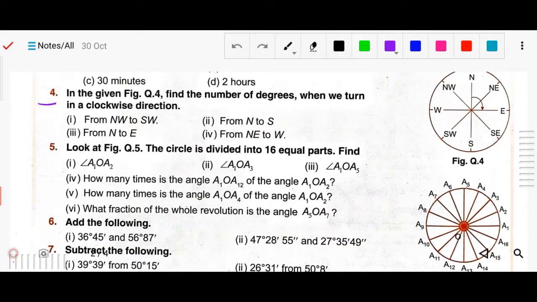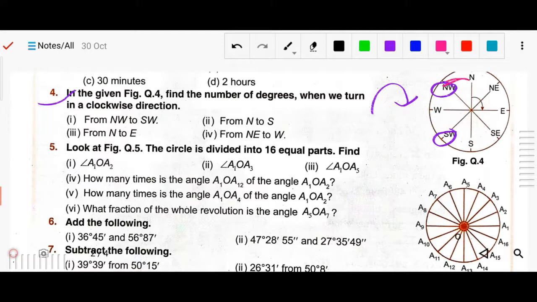Now question number 4. In the given figure, find the number of degrees when it turns from northwest to southwest in the clockwise direction. It will move from here like this, clockwise direction means left to right. Where is the northwest? Here. Where is the southwest? Here. And clockwise means it will come from here.